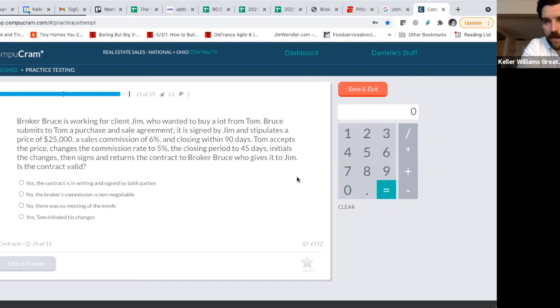Is the contract valid? A, yes, because the contract is in writing and signed by both parties. B, no, the broker's commission is non-negotiable. C, no, there is no meeting of the minds. Or D, yes, Tom initialed his changes. Do we have a contract here, ladies and gentlemen?